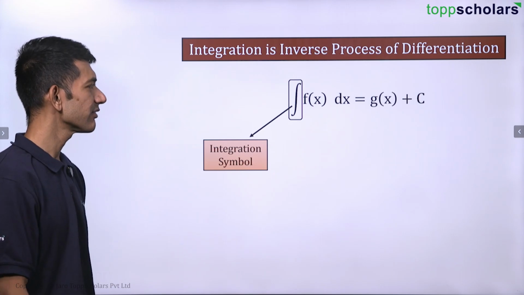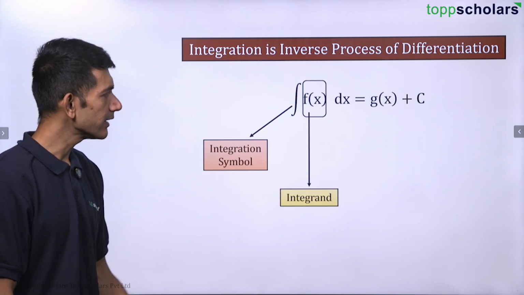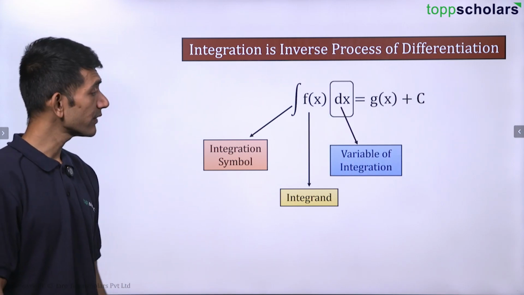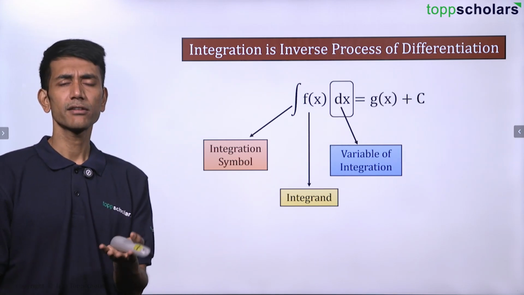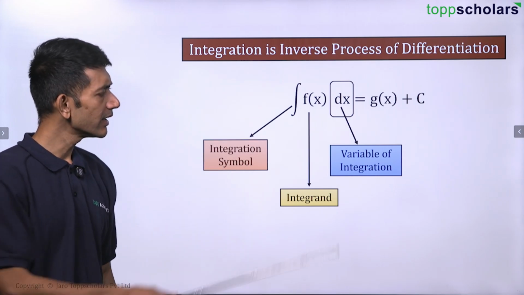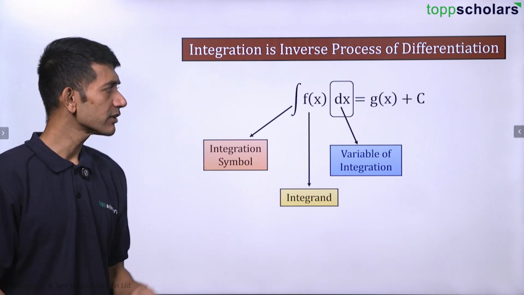So this is the integration symbol. We already know this. This is the integrand, right? Dx is the variable of integration. Now, this can be with respect to t, with respect to x, with respect to z. That completely depends on the question. Here, it is with respect to x, fx dx, that is integration of fx with respect to x.